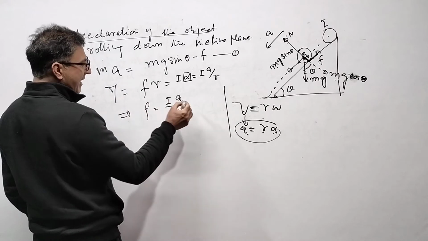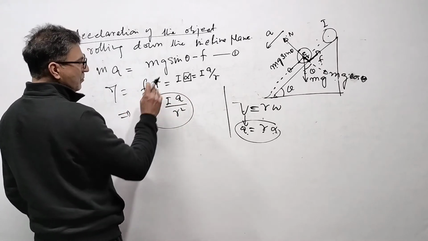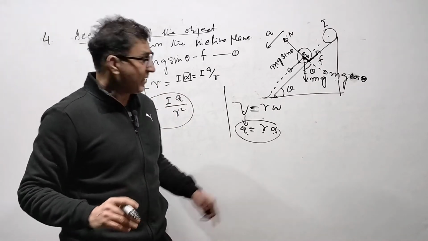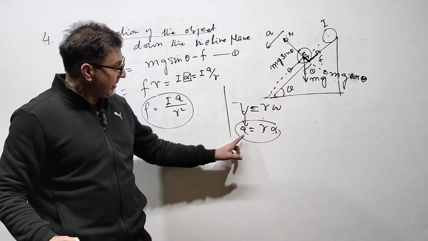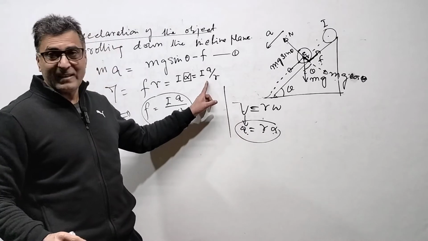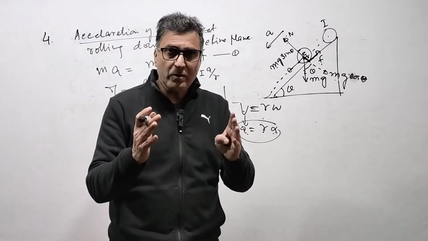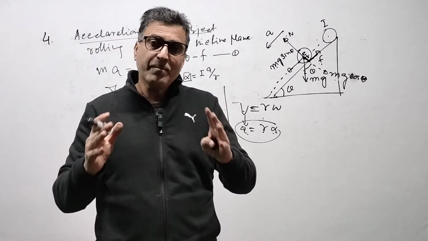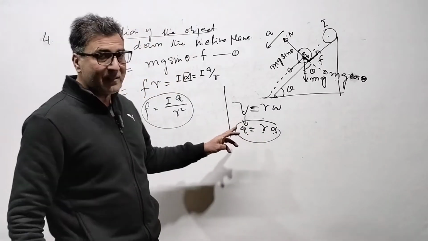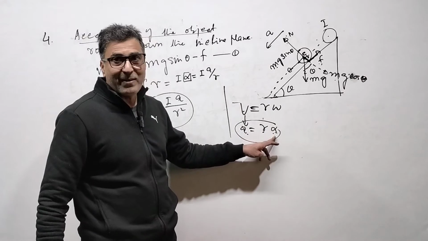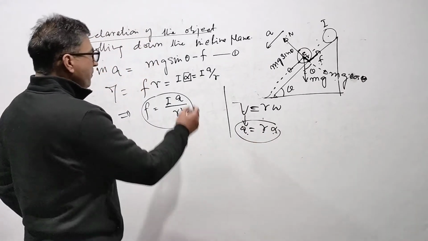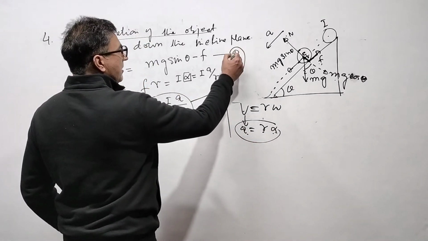So now what I have to do is, this F, the frictional force which I obtained from here, before obtaining it I applied the condition that it is rolling, so this equation, I inserted in this equation. So this is the frictional force which is needed for rolling, because I have inserted the equation for rolling. Equation for rolling is A is equal to R alpha, right? Okay, now put this here in equation 1.